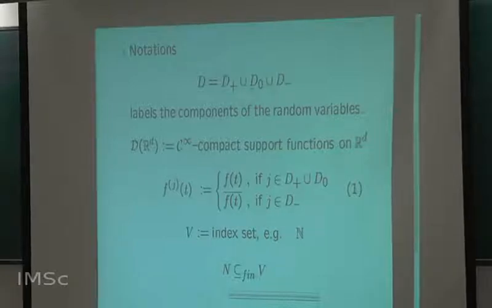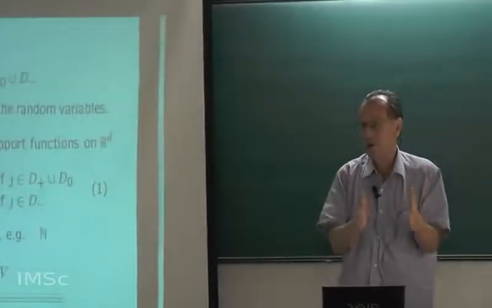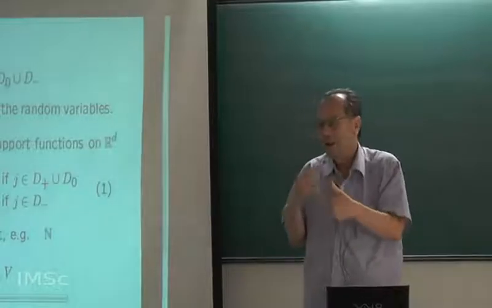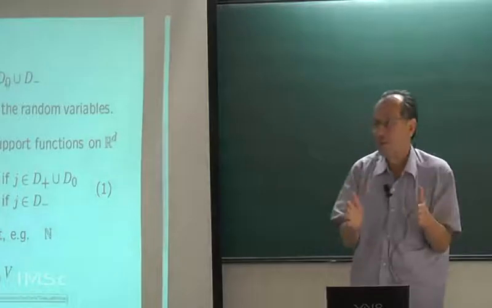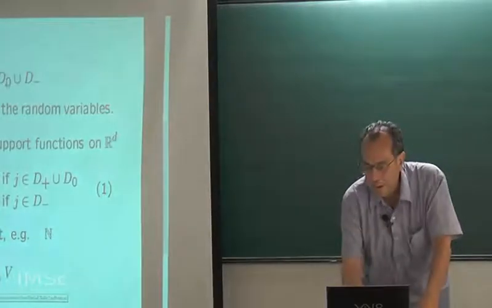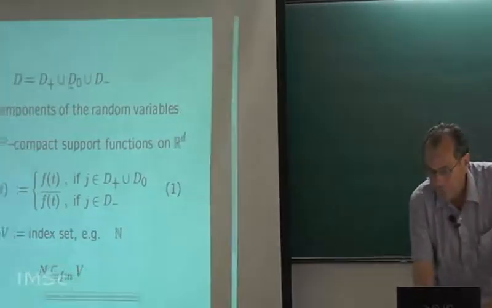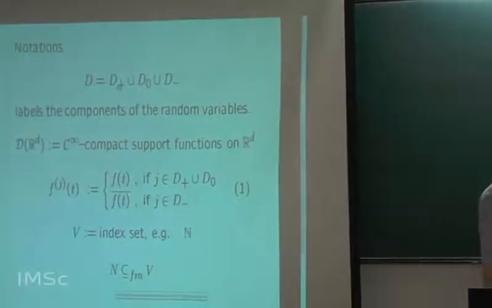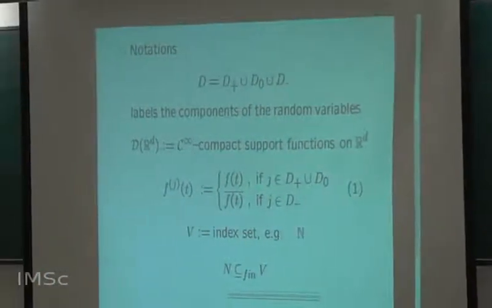D0 stands for the indices of those random variables which are self-adjoint, and the set of all random variables by assumption is self-adjoint because we want it to generate a star algebra, okay? So the set of generators is always self-adjoint, and therefore if we take away the self-adjoint generators, we will have one part which is a set of generators and their adjoints, okay?